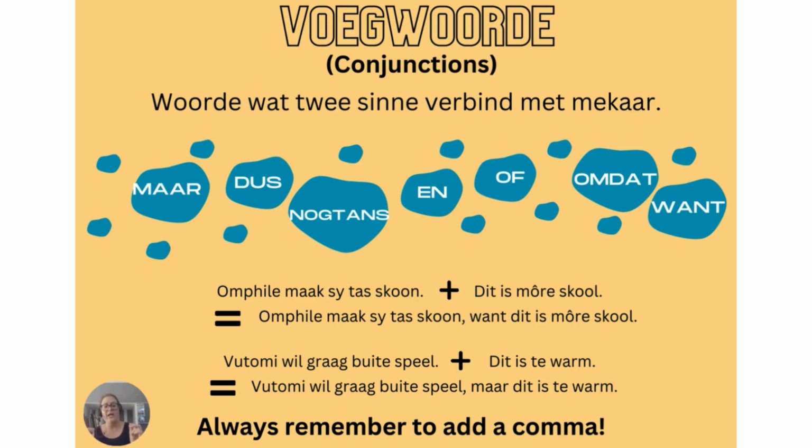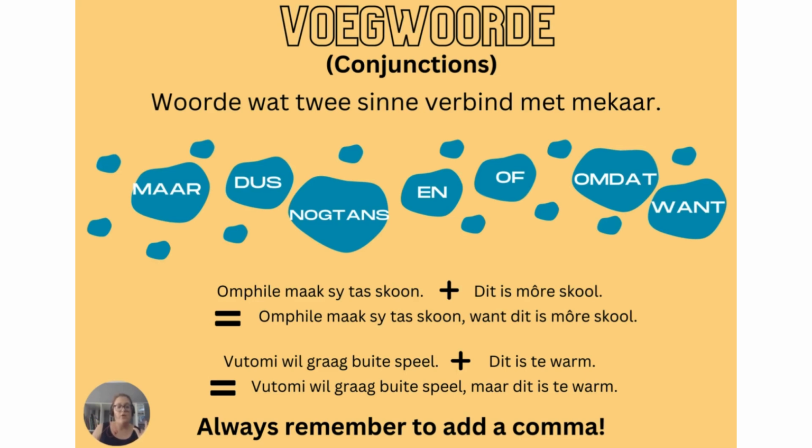So, Ompile maak sy tas skoon. Always important, we add a comma. Comma, want dit is môre skool. So, Ompile maak sy tas skoon, comma, want dit is môre skool. Let's look at the next one. Vutomi wil graag buite speel. Dit is te warm. So, let's make it one sentence.